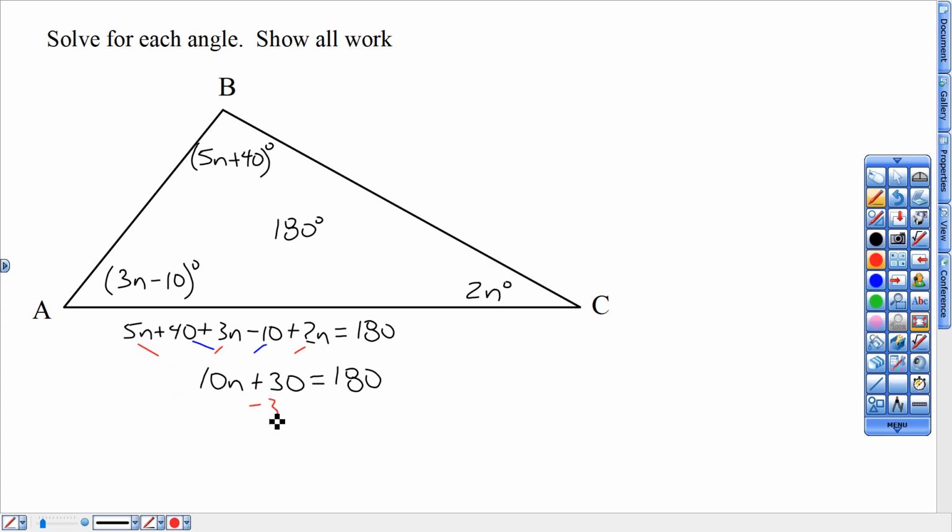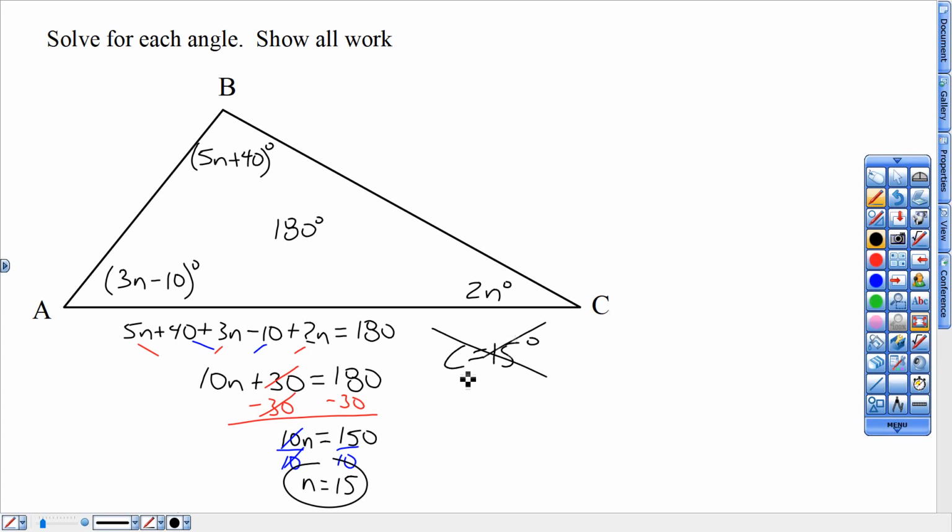Take away 30. That will cancel away. Bring that 10n down. Make sure you actually subtract 180 minus 30. That gives me 150. And then divide by 10, and that will give me what n equals. n should equal 15.